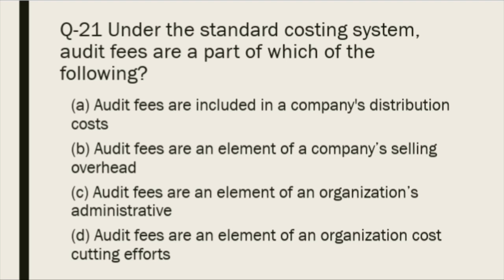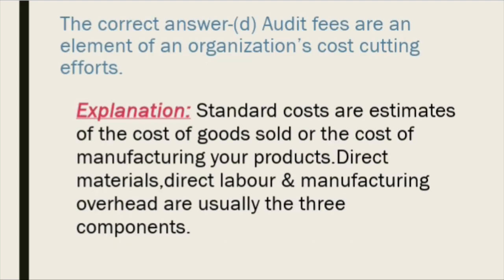Audit fees are an element of an organization's cost cutting efforts. And the correct answer is audit fees are an element of an organization's cost cutting efforts. The explanation is that standard costs are estimates of the cost of goods sold or the cost of manufacturing your products. Direct materials, direct labor, and manufacturing overhead are usually the three components.